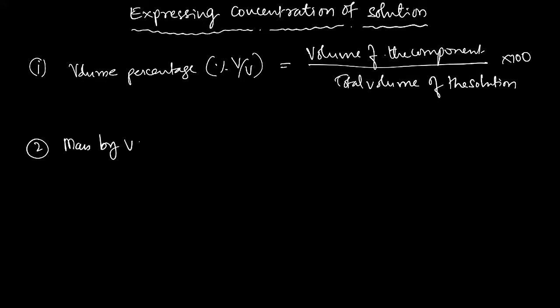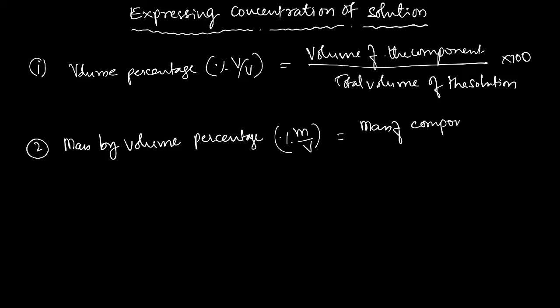It is called percentage M by V. It is defined as the mass of the component divided by the volume of solution, into 100.